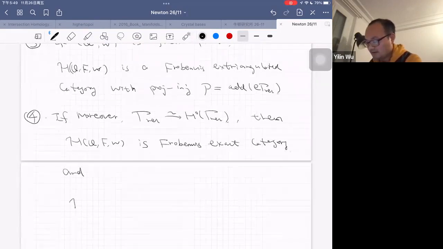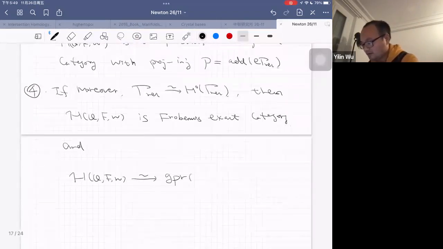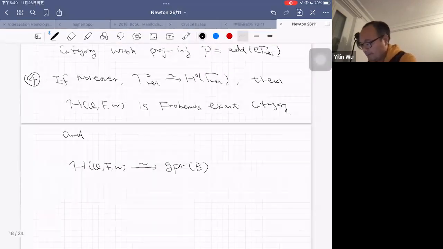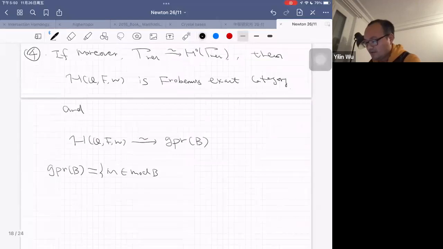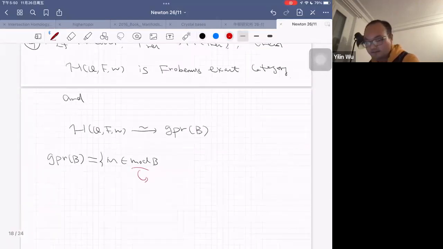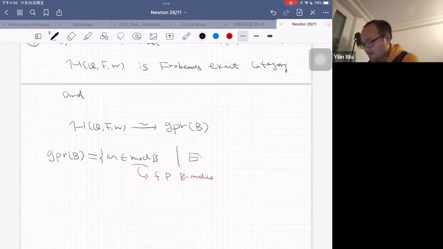And we also have this equivalence with the Gorenstein projective modules over the algebra B. Here the definition is the objects in mod B, where mod B is the finitely presented B-modules, which also satisfy this extension vanishing property.